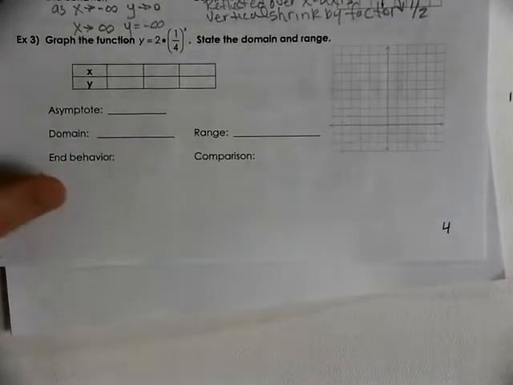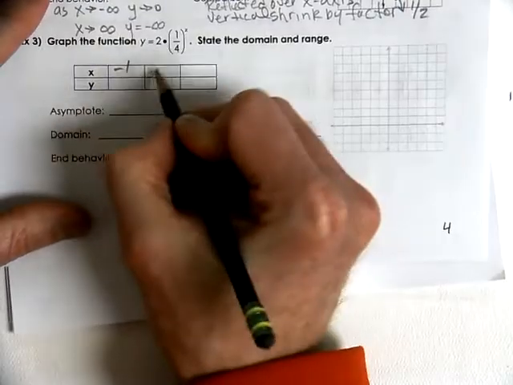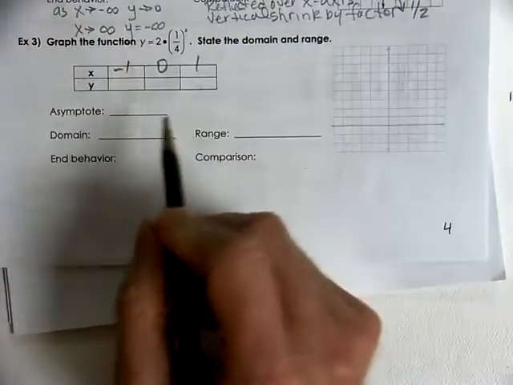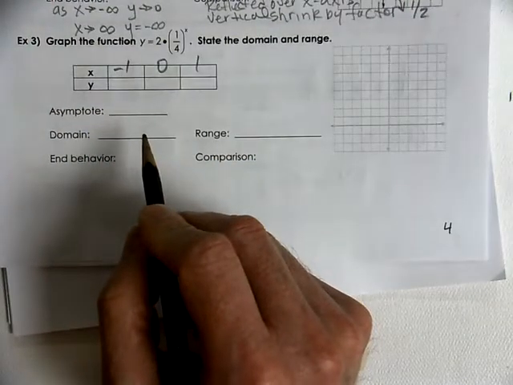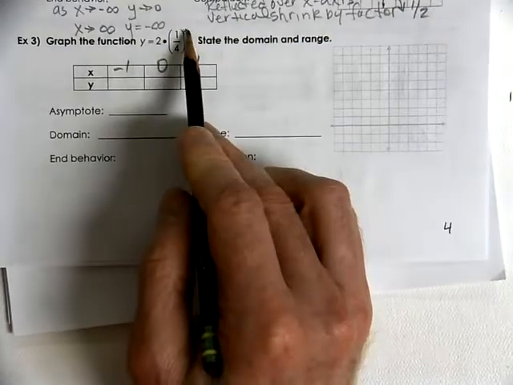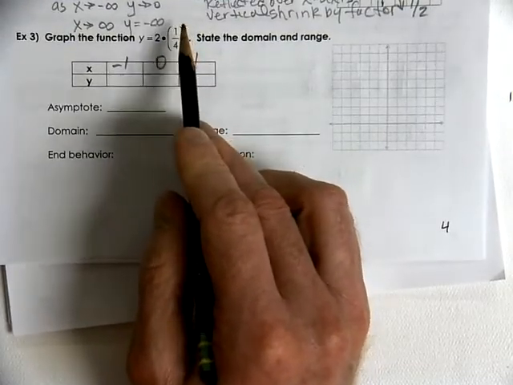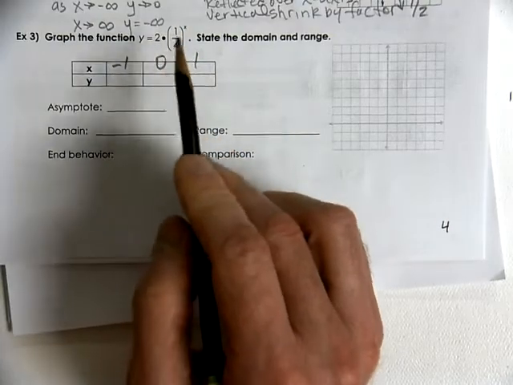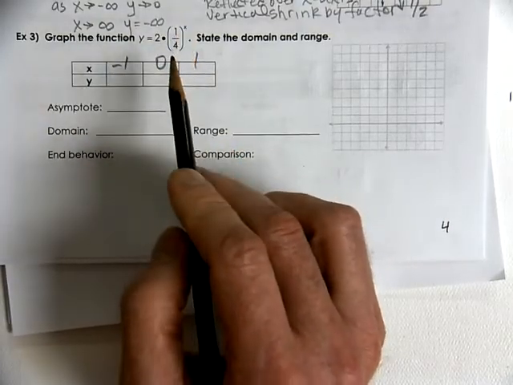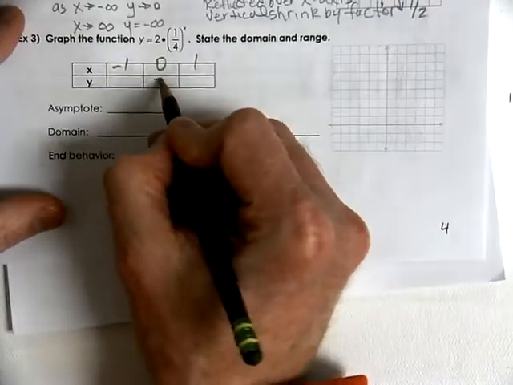Number 3. Probably use the numbers -1, 0, and 1. When you plug in 0 for the x, you get 1/4 to the 0 is a value of 1. So 2 times 1 is 2.